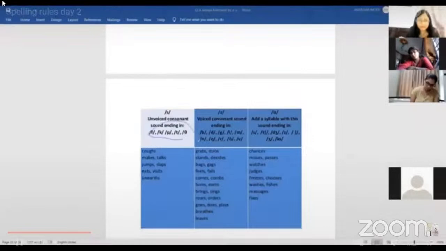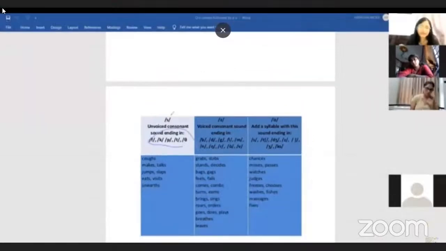In an unvoiced consonant, the S will give the sound S, which means you will not feel the vibration. So cuffs, makes, talks, jumps, slaps, eats, visits. But it becomes Z when it is a voiced consonant.